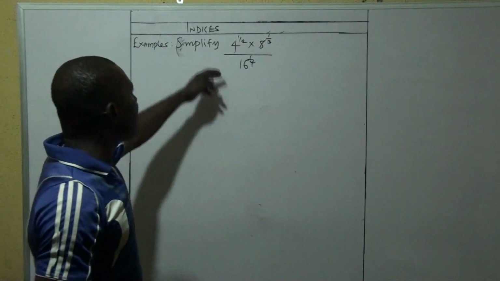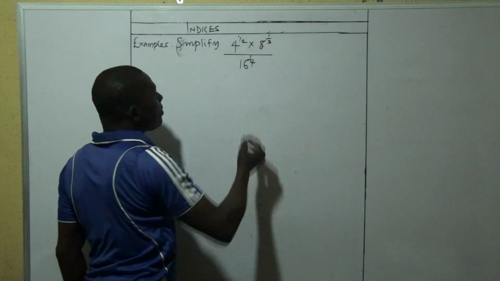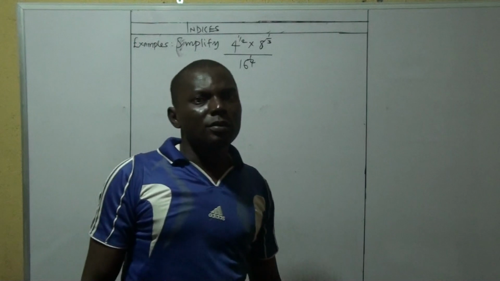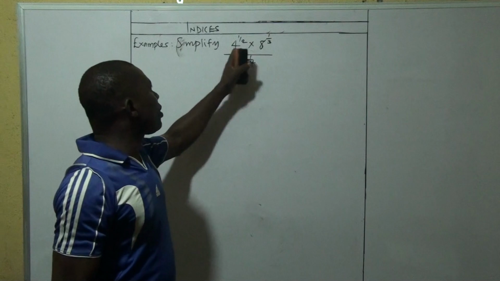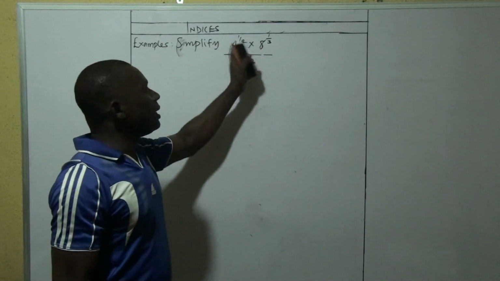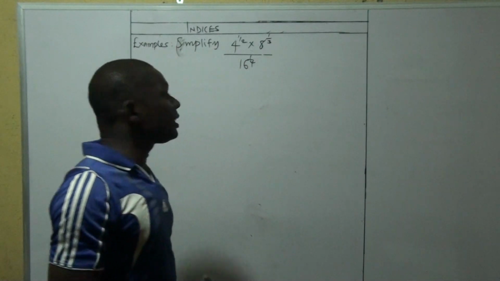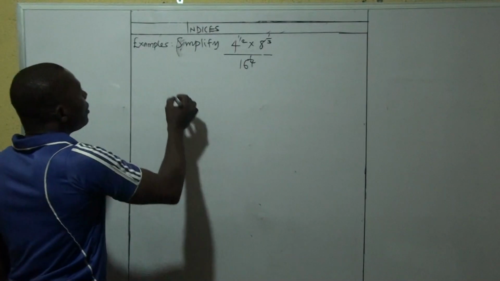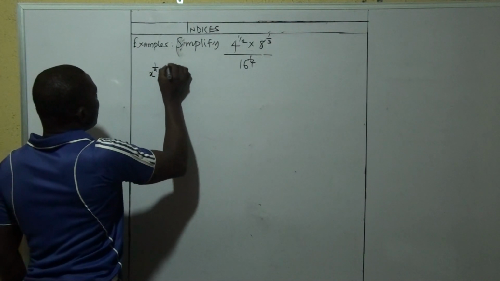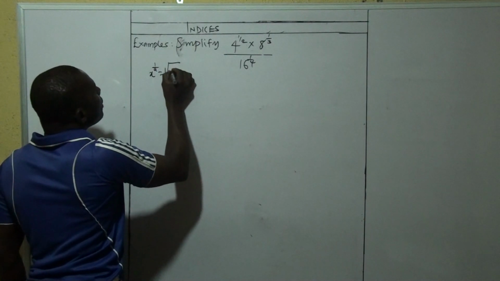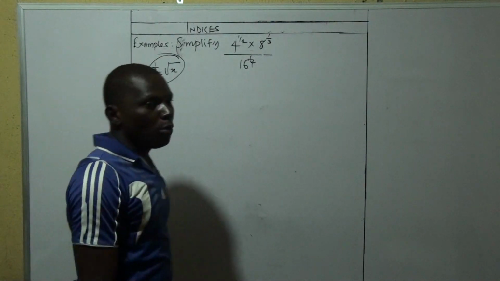As you can see, they don't have a common base. But we can express these numbers in a common base using prime numbers. Or if we don't want to do that, we can simply use the law that x raised to power 1 over a is equal to the ath root of the number. We can use this particular law to do this operation.